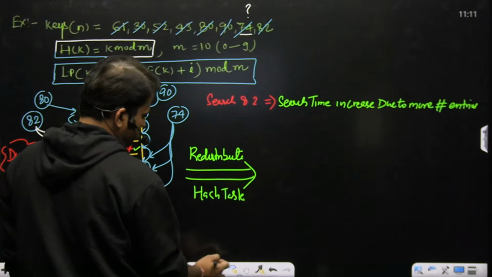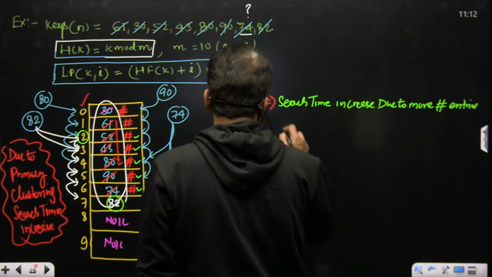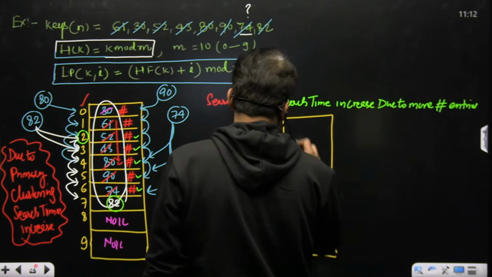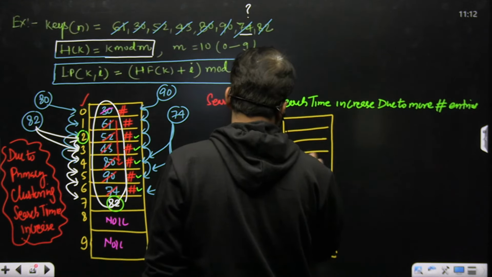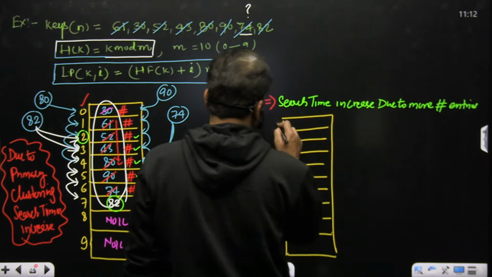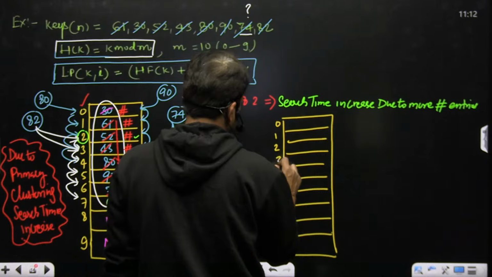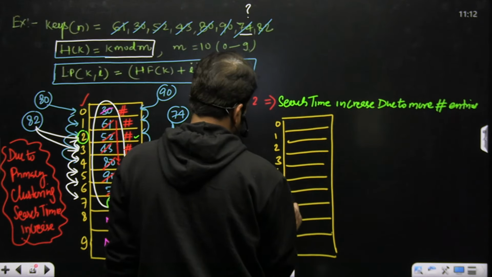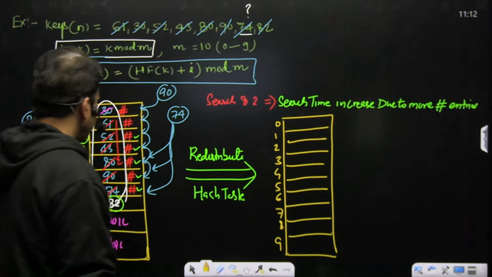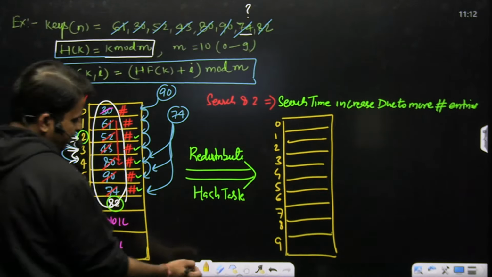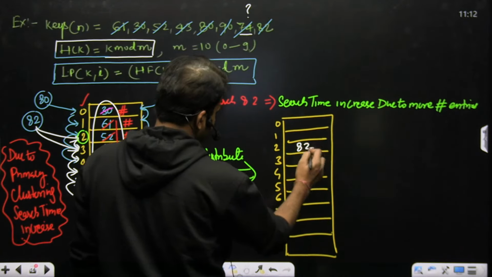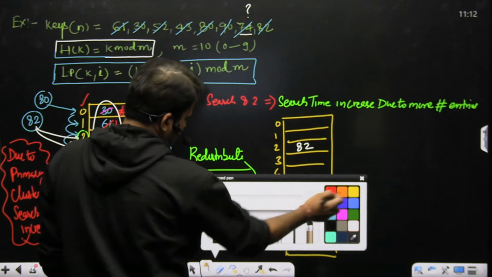If you redistribute this entire hash table, then this hash table contain 82 only, 82 at which index number, this one, and rest of all entries is what sir, null.